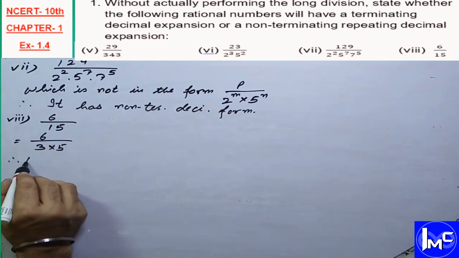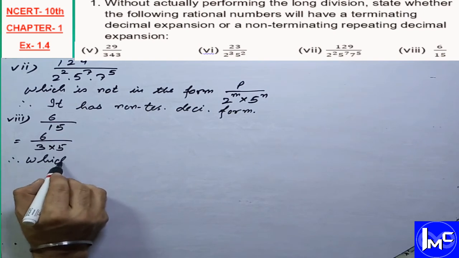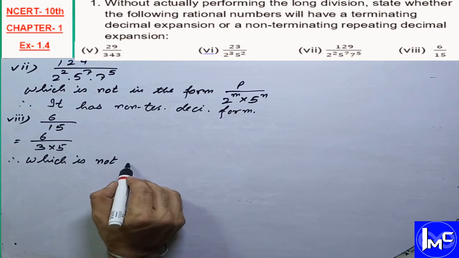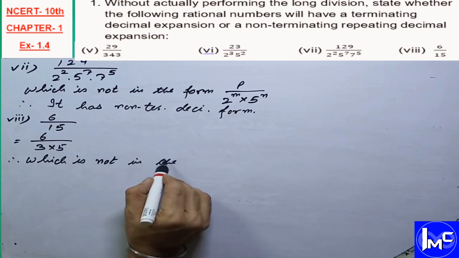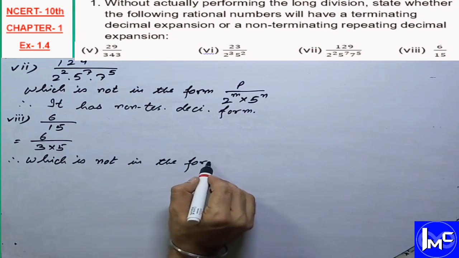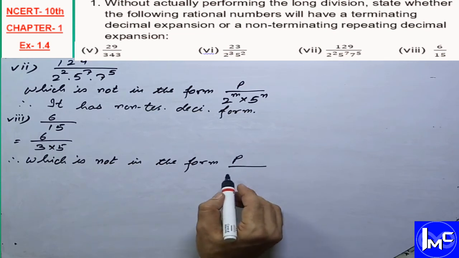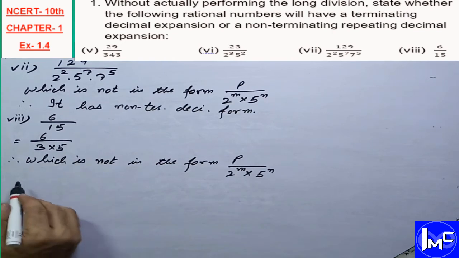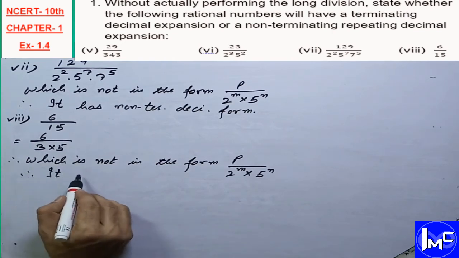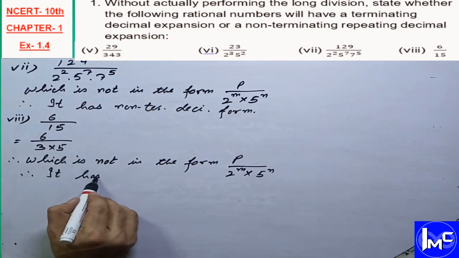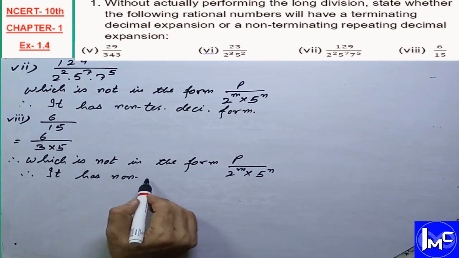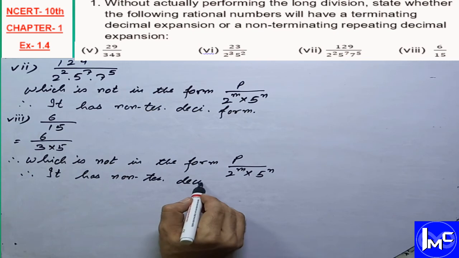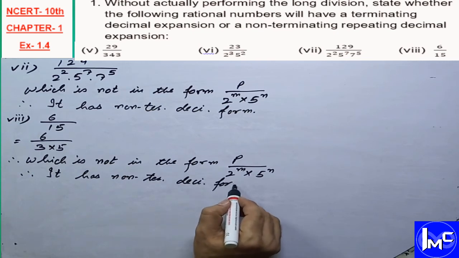So, we shall write which is not in the form p over 2 raised to power m 5 raised to power n. Therefore, it has non-terminating decimal form.